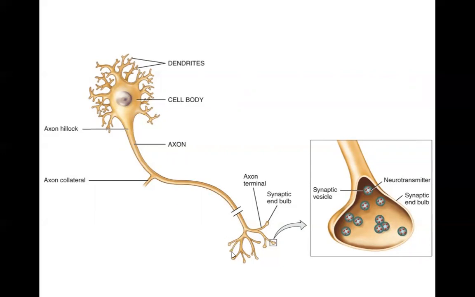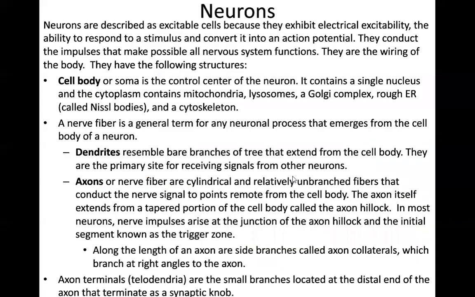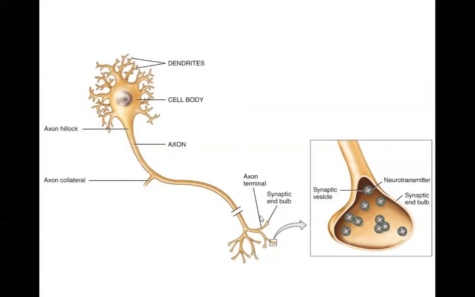At the end of an axon are some more things that look like tree branches, which we call axon terminals. Axon terminals, or telodendria, are small branches located at the distal end of the axon, terminating as what we call a synaptic knob. Each of these little fattened structures is called either a synaptic end bulb or a knob, same thing.